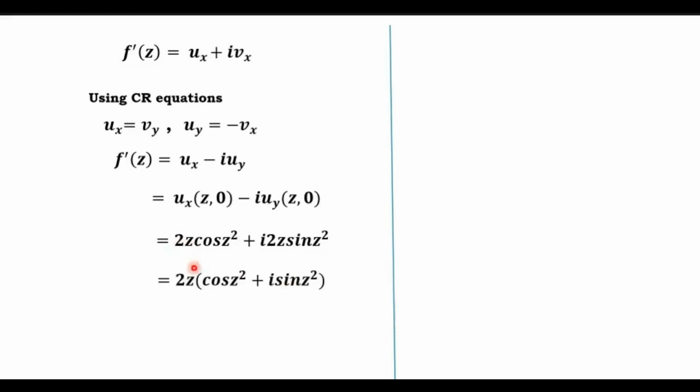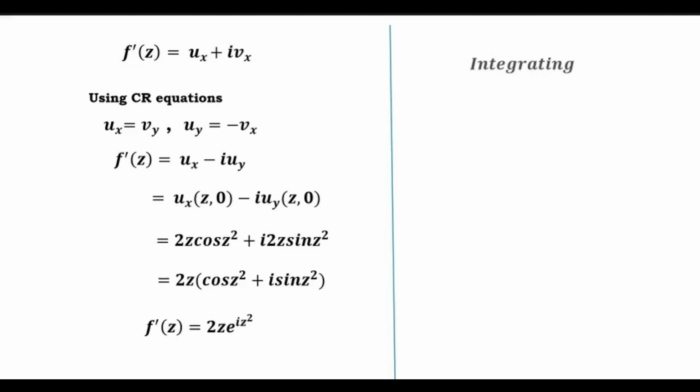So we will get 2z e raised to i z square. f dash of z is reduced to 2z e raised to i z square.